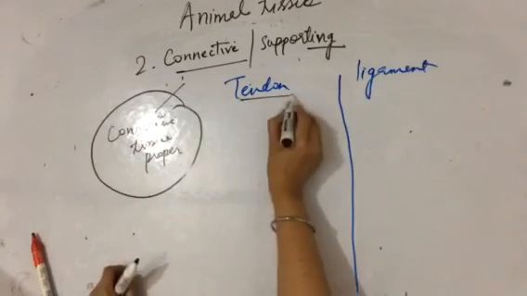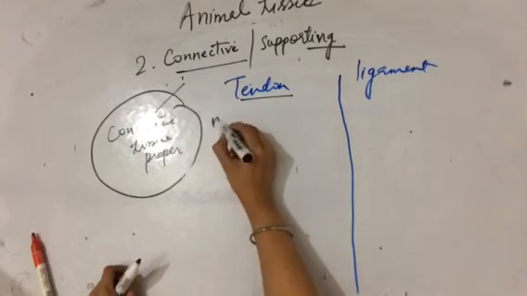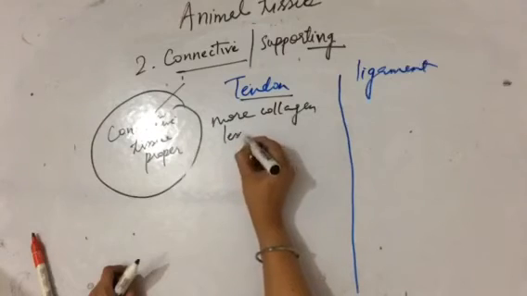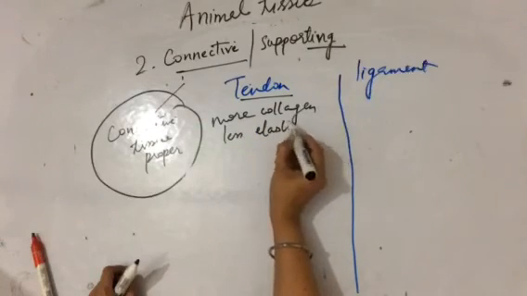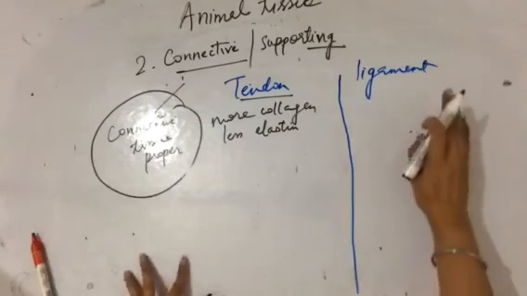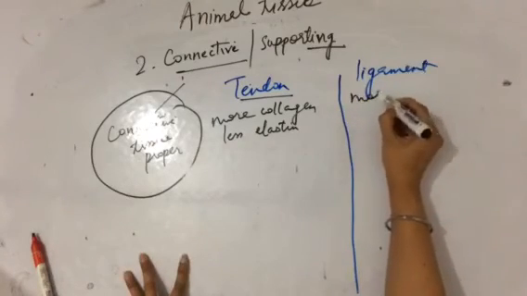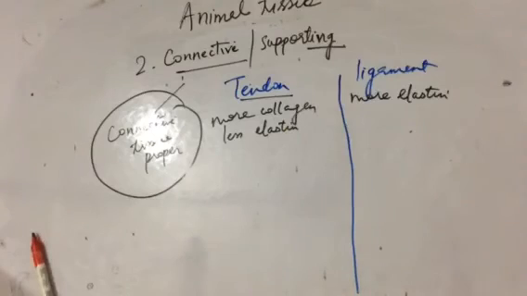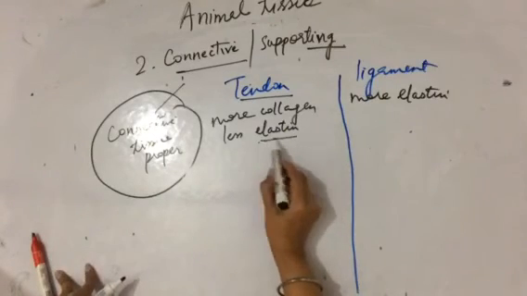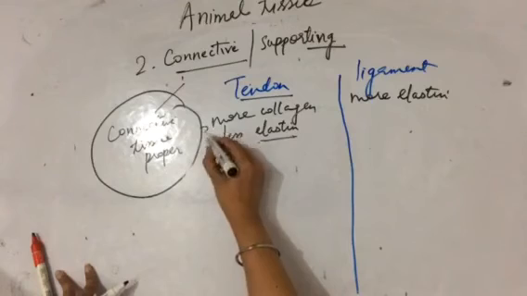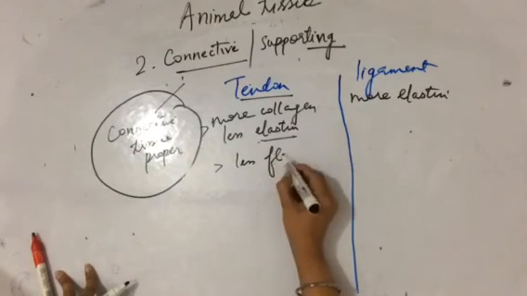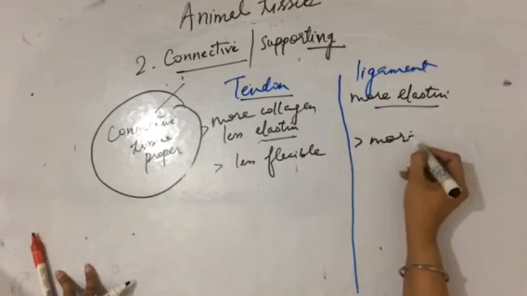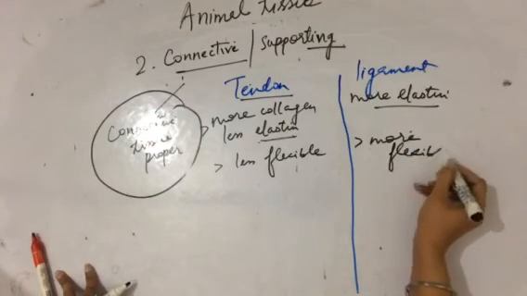In tendon, more collagen fiber and less elastin is present, while in ligament more elastin is present. If there is less elastin in tendon, that means it is less flexible. And if there is more elastin, this means it is more flexible.